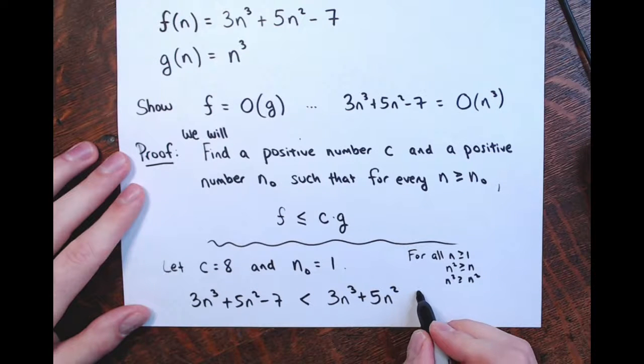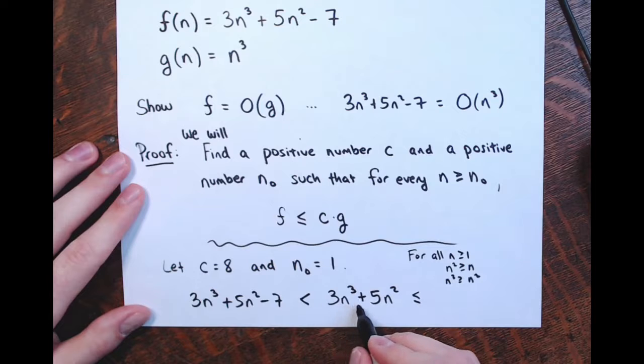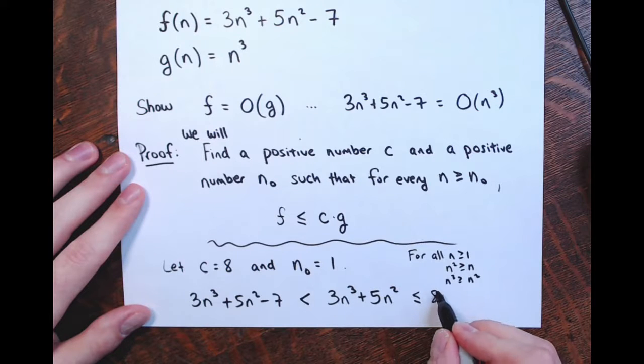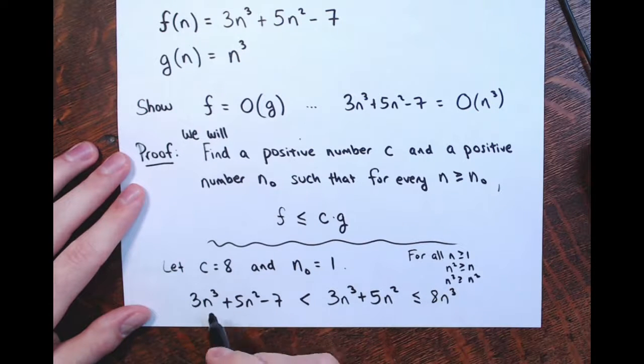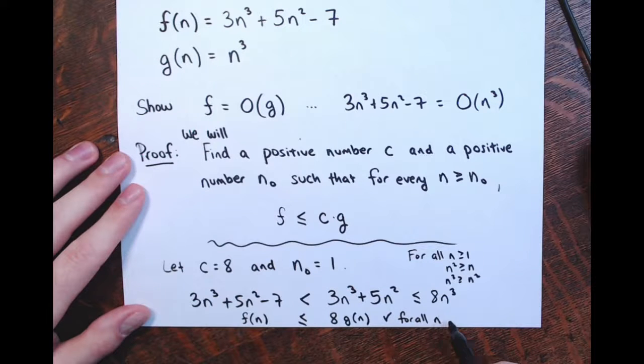So this would be less than or equal to 3n cubed plus 5n cubed, or 8n cubed, and there we go. I have shown that f of n is less than or equal to some positive constant times g, and this is for all n greater than or equal to 1. There's your c, a positive number times g.